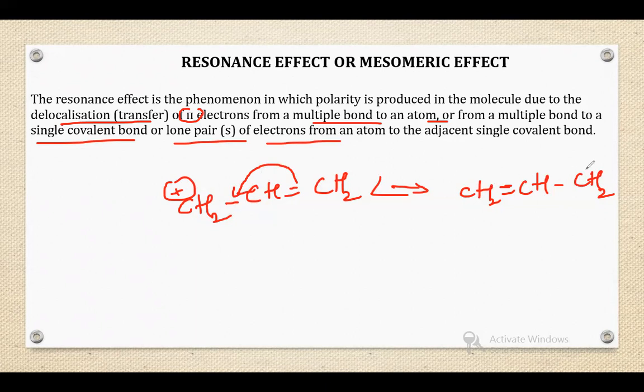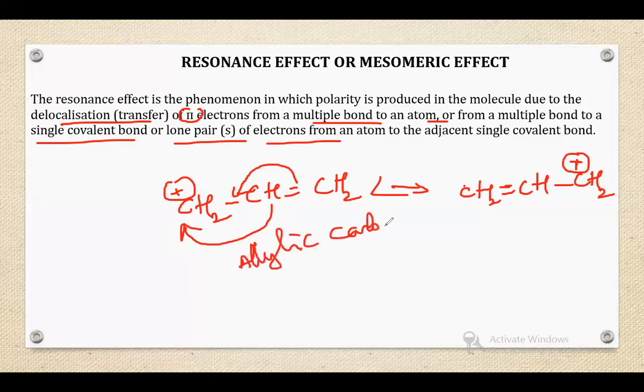If this electron shifts here, then this carbon forms a positive charge, right? This carbon is attached to a carbon having a double bond, and this is called an allylic carbon. This positive charge is called an allylic carbocation.